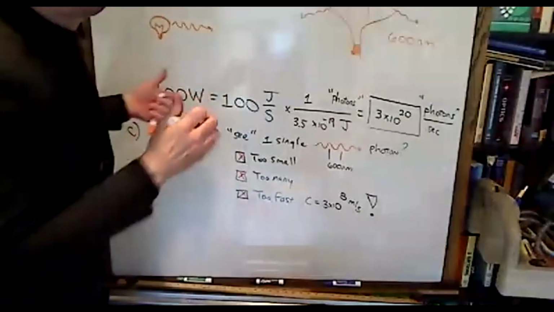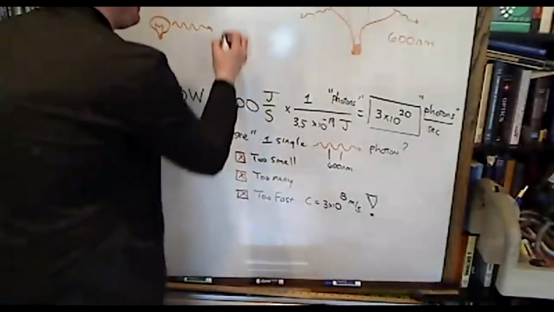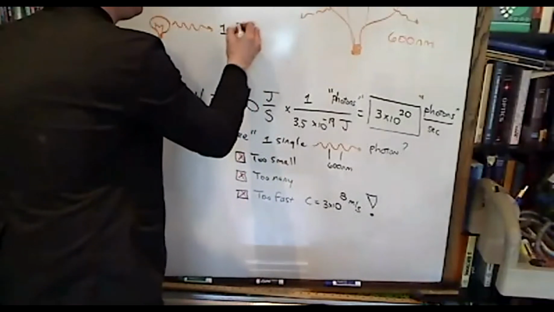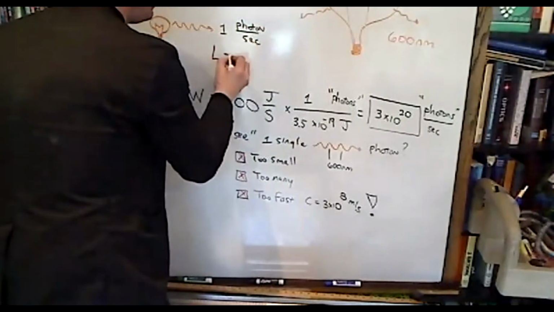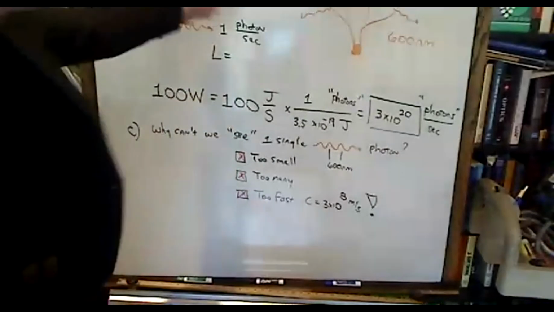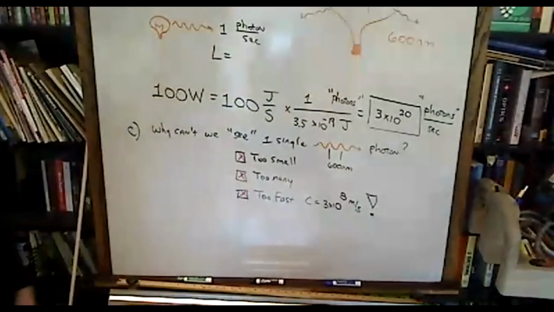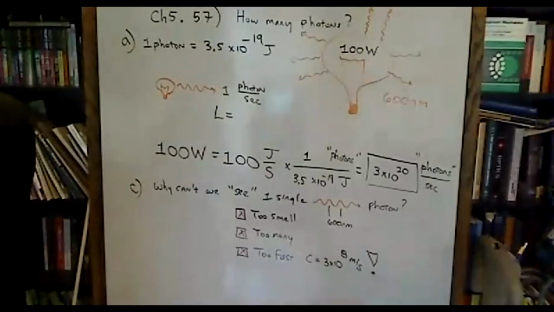So this quantum party bulb, which is kind of like an atom if you think about it, is part of our lecture today. If this quantum party bulb could emit 1 photon per second, what would the luminosity of that party bulb be? This is a thought question for anyone who thinks they understand what a watt is. What would be the luminosity of a quantum party bulb that emitted 1 photon per second? And don't say 1 watt, because 1 watt is a huge number of photons.